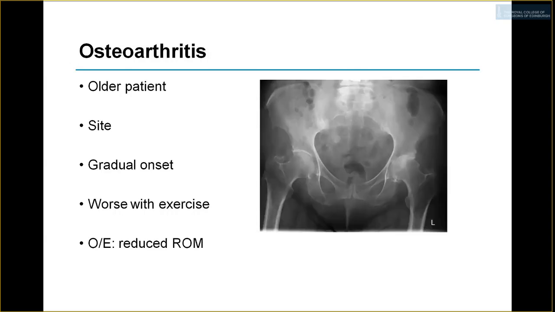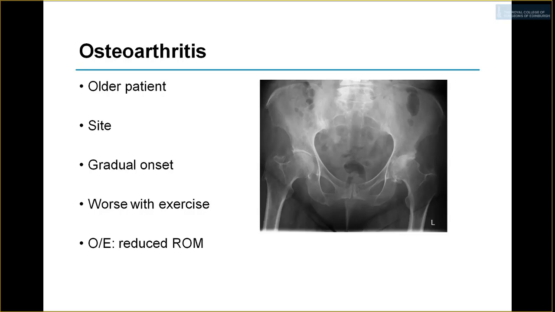In osteoarthritis, typically the patients that we've just learned are older patients. So they are probably in their 60s or 70s. You'll have pain typically in the groin, and that radiates down the anterior aspect of the thigh to the knee. The onset is gradual, so it starts as mild pain and it builds up over months or maybe years.